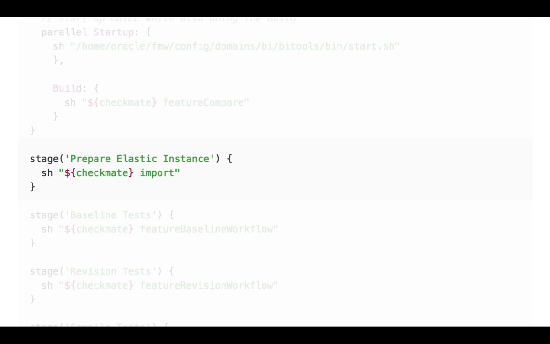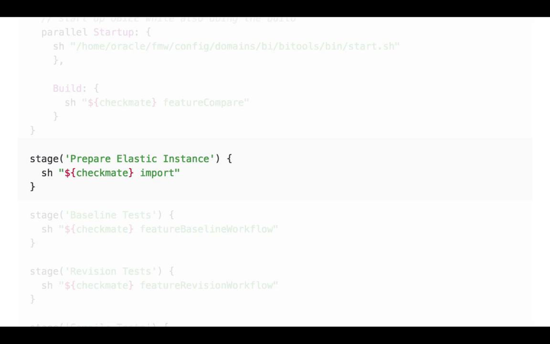The next stage that we have is called Prepare Elastic Instance. Now, if you're running a constant version of Oracle Business Intelligence to regression test against, which most of our on-prem customers are doing, this stage probably wouldn't be there.